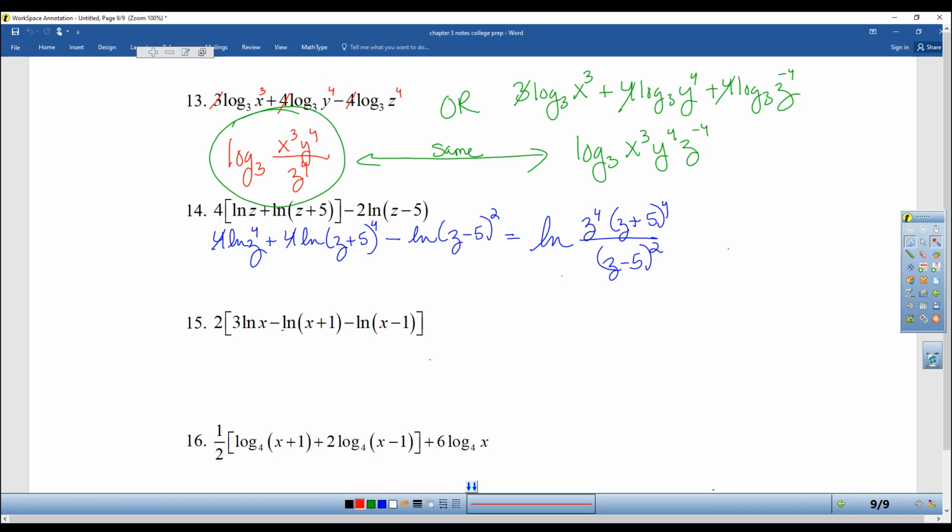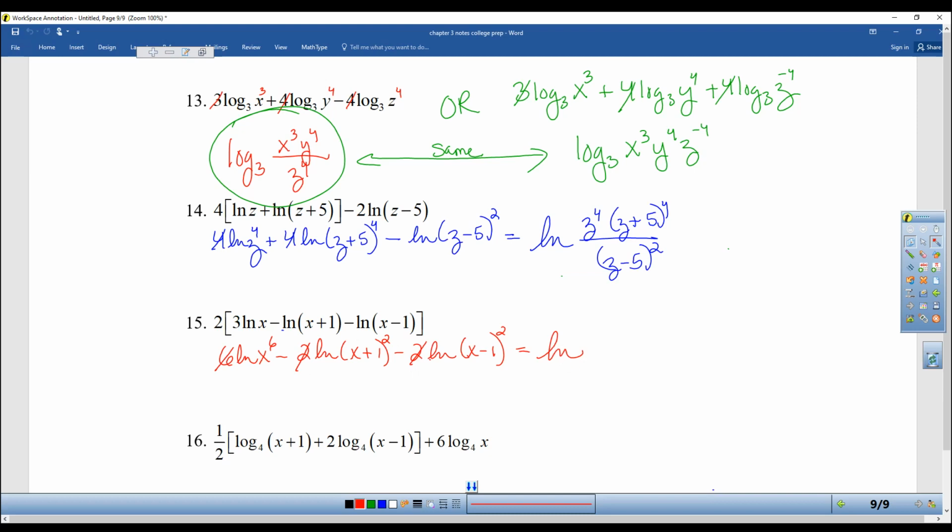Next one, my first step would be to distribute that 2. So I have 6 ln of x minus 2 ln of x plus 1 minus 2 ln of x minus 1. Okay, so this one's a little bit hard for people because, oh, not yet. Let's move the 6. Let's move the 2. Let's move the 2.